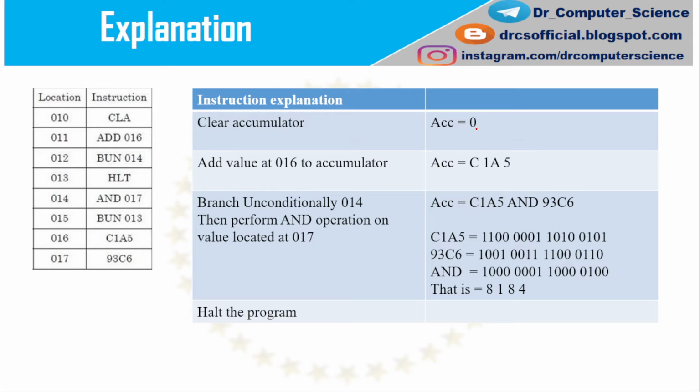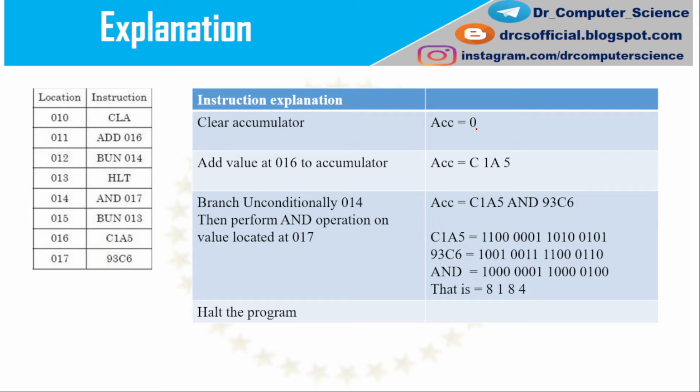To perform the AND operation, the C1A5 binary value is 1100 0001 1010 0101 and the 93C6 binary value is 1001 0011 1100 0110. Performing the AND operation, we get 1000 0001 1000 0100.